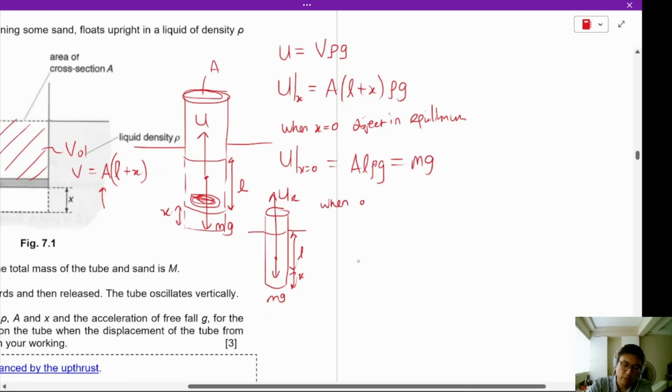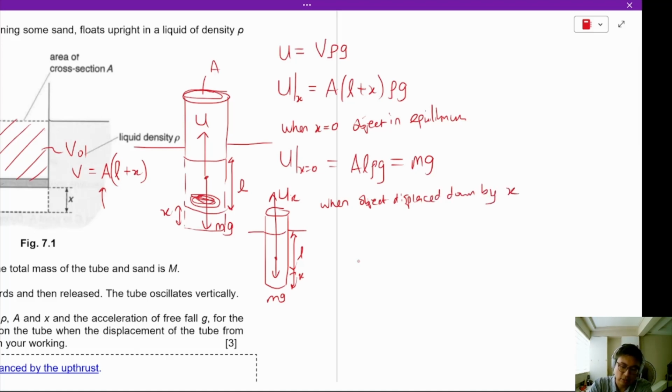When the object is displaced down by x, the upthrust will be equal to A(L plus x) rho g, and the upthrust exceeds the weight, so the net force will be equal to upthrust minus mg, upwards.